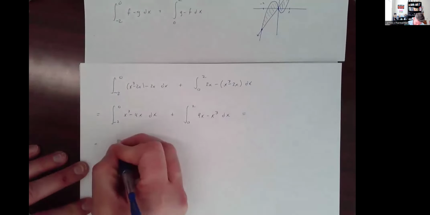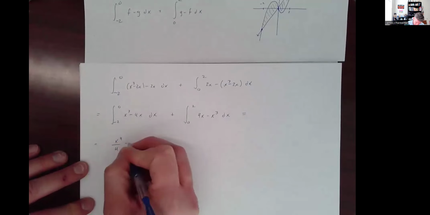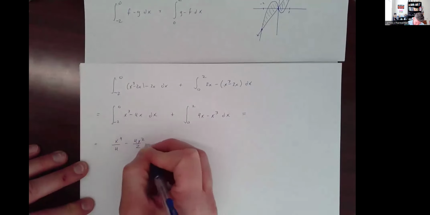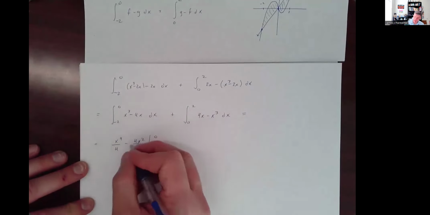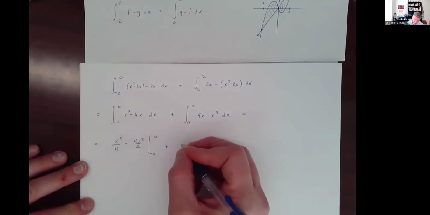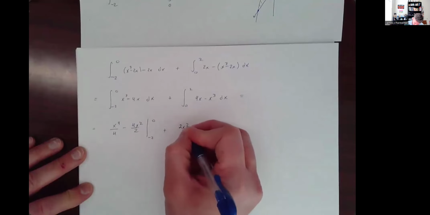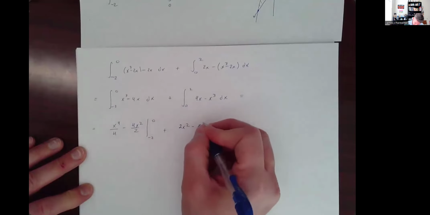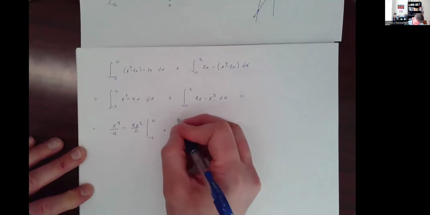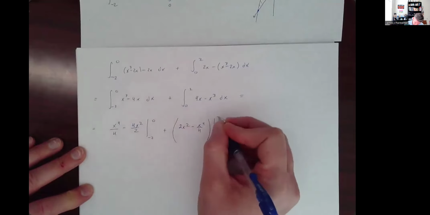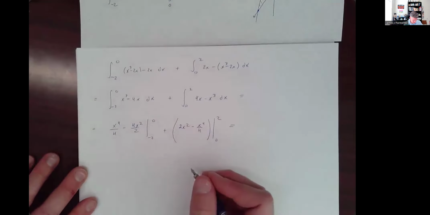So then we're going to get x to the 4th over 4 minus 4x squared over 2, from -2 to 0. I should just write that as 2x squared. Plus 4x squared over 2 is 2x squared minus x to the 4th over 4, all of that from 0 to 2. So then we plug in.